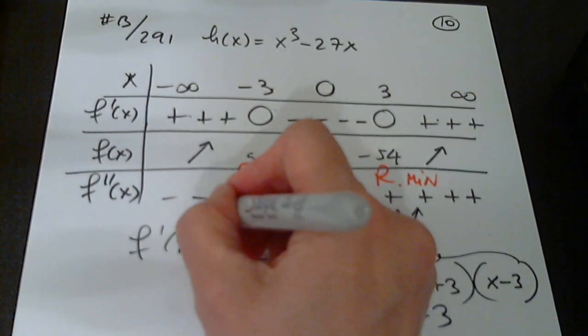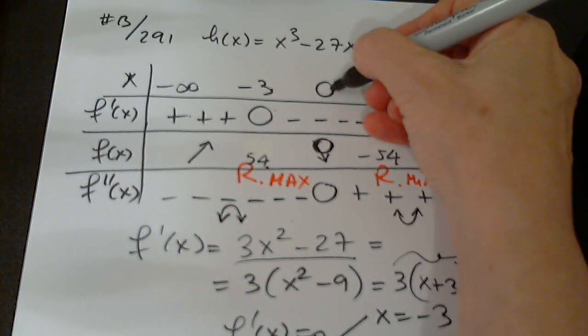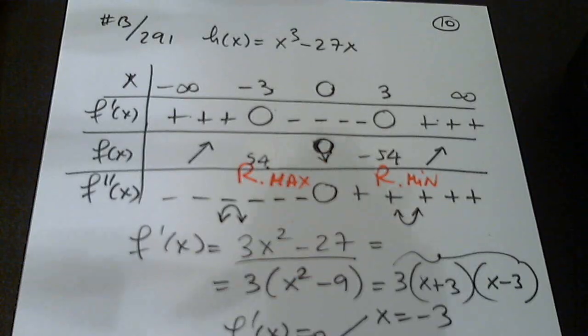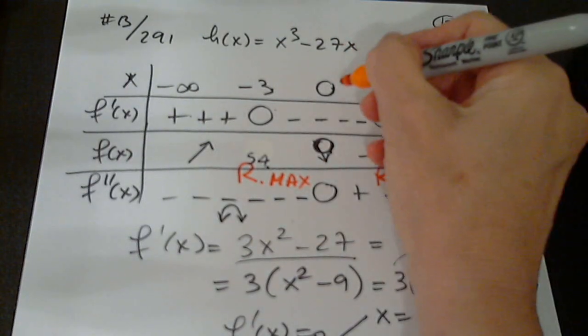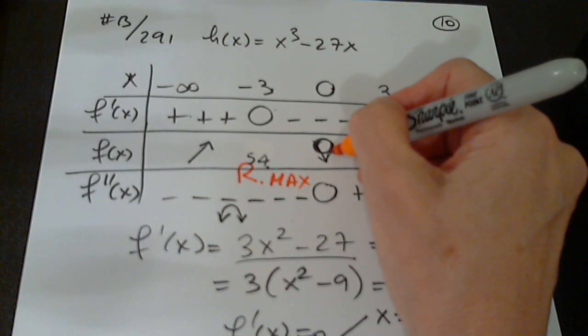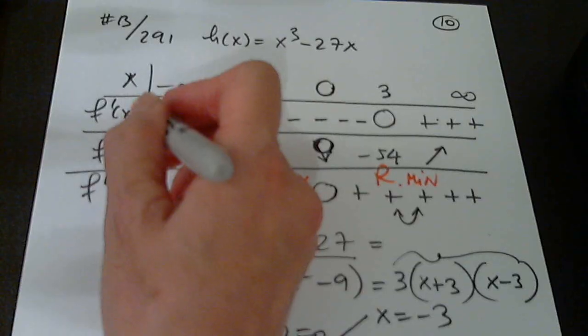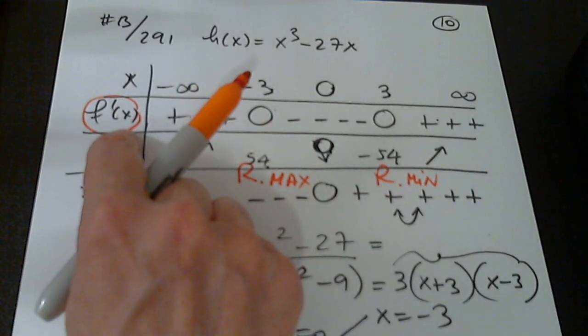Can anyone tell us what type of point is 0, 0? Keeping this in mind, there is a sign change for the second derivative. What type of point is 0, 0? Cannot be relative max-min. This is only characteristic to the first derivative.